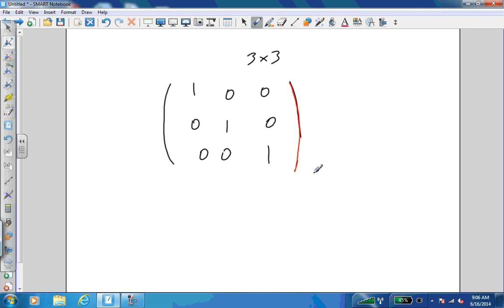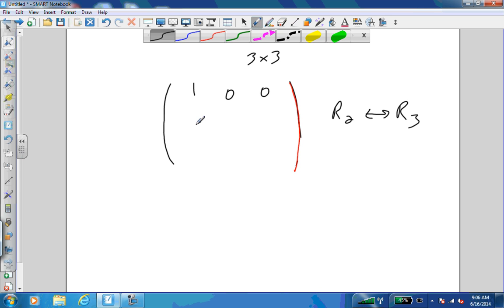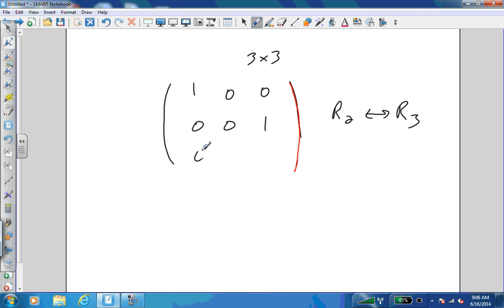If we want to swap two rows, if we want to interchange, for example, the second and the third row, then we just swap the second and the third row here. The second row becomes the third row, and the third row becomes the second row. Now let's illustrate real quickly why this works.